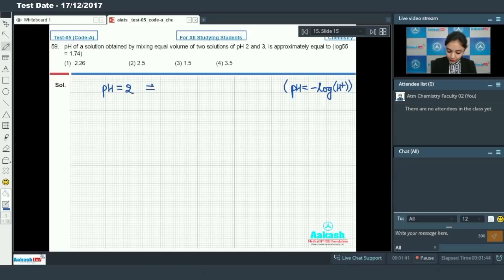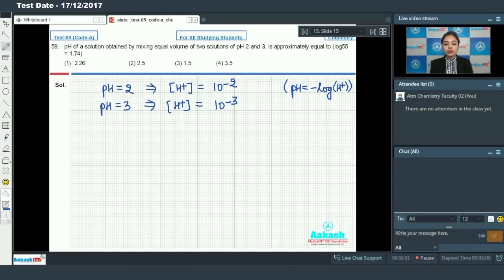So here the concentration of H plus will be equal to 10 raised to the power minus 2. And similarly in the other solution you have pH equal to 3. So यहाँ पे कितना हो जाएगा concentration of H plus? It will be equal to 10 raised to the power minus 3.